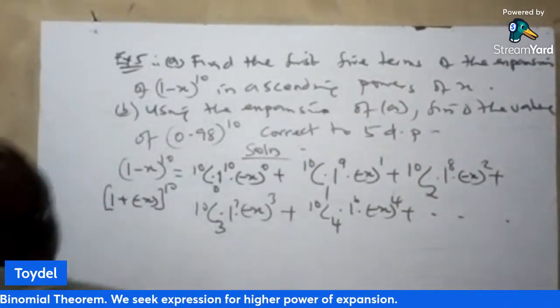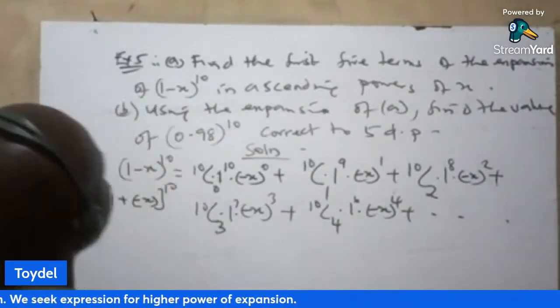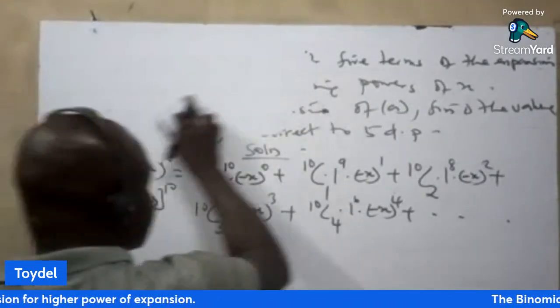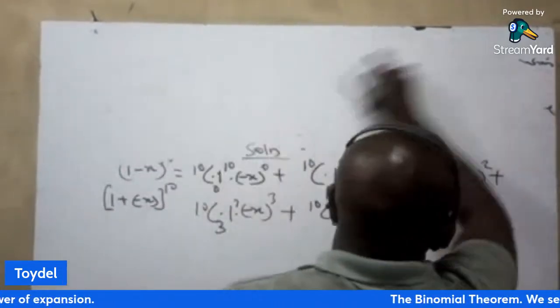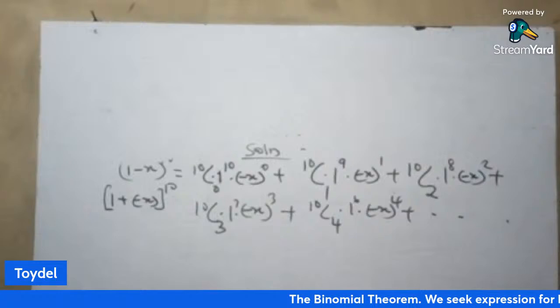So this is the superiority of this method over the Pascal triangle, because with Pascal triangle we have to write everything out. So this method is actually interesting.